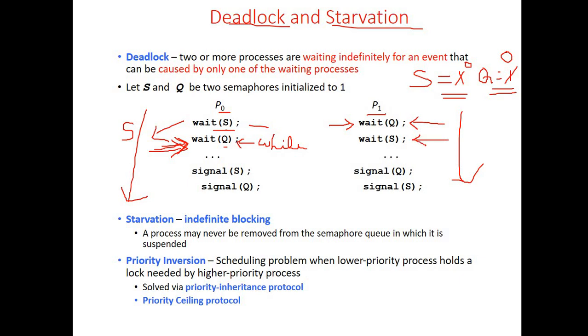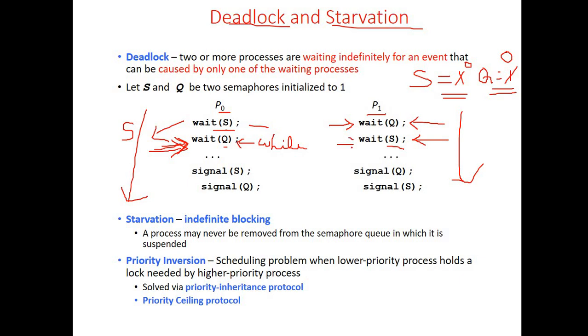Process P1, which is trying to access the resource S, will call the wait function on S. So therefore what happens, the value of S is 0. Applying the wait function on S makes the process P1 enter into a blocked state.